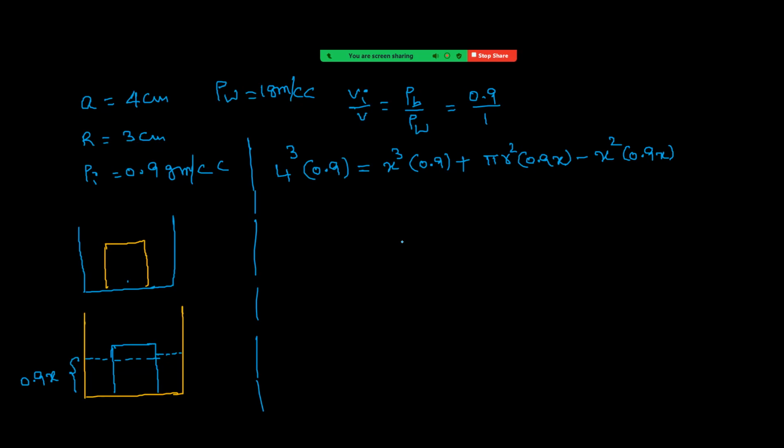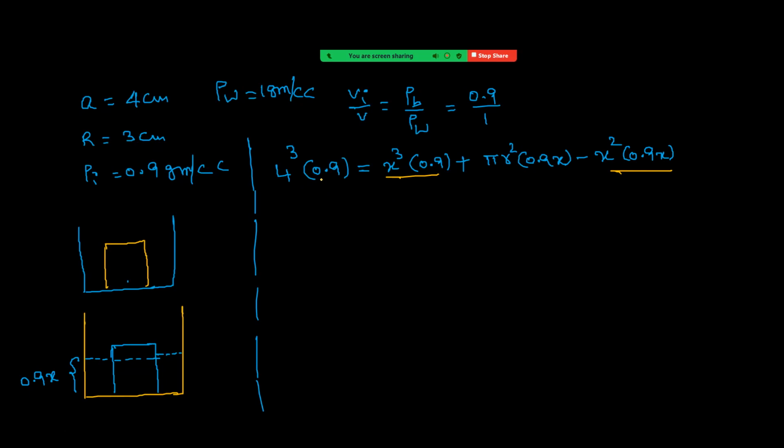Okay. So if this is clear, remaining is just a calculation part. You can see 0.9x cube and 0.9x cube, these two are cancelled.